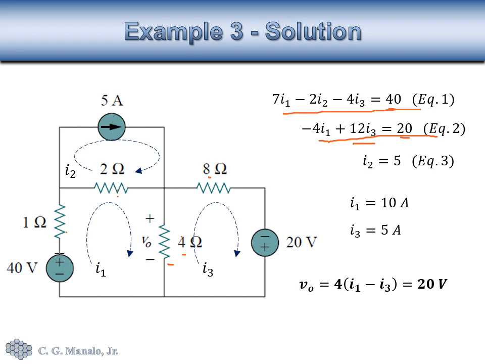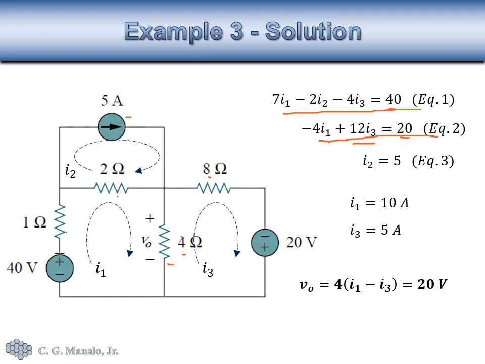Now for loop 2, since we have an element that is a current source, I stated in the steps previously that we only write KVL equations if the loop contains no current source.